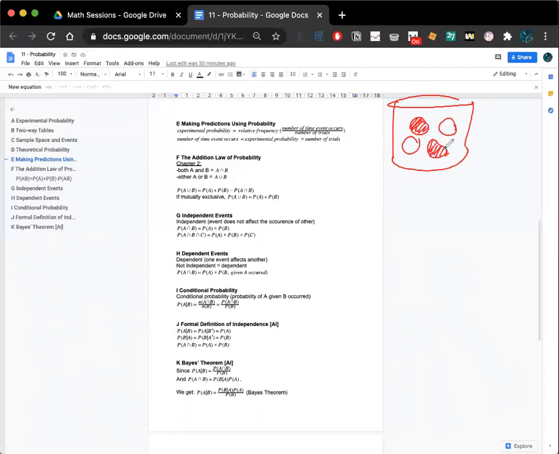Let's just say that in the first chance, if you take a white marble, the chances of taking a white marble would be 2/4. But then during the second chance, the chances of taking another white marble would be 1/3.